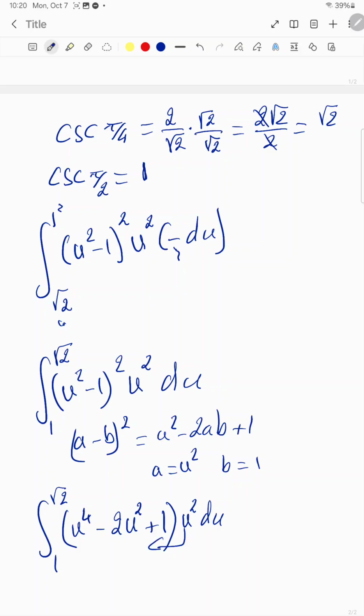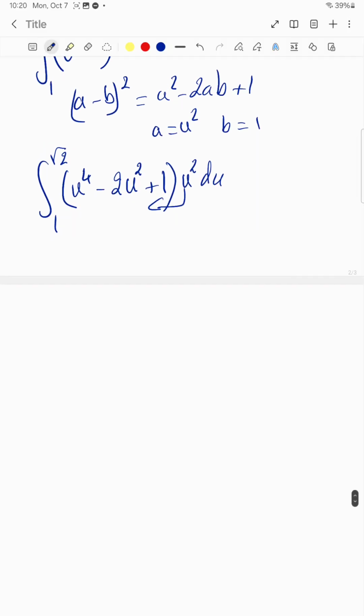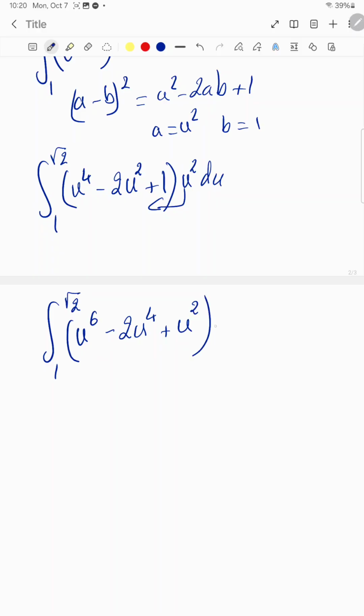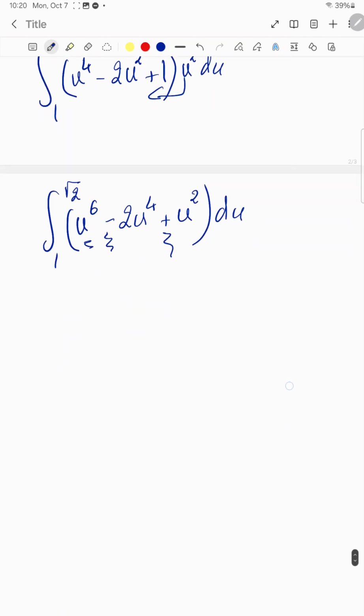Now I will distribute my u square inside my parentheses, so my integral becomes from 1 to square root of 2 of u to the power of 6 minus 2u to the power of 4 plus u to the power of 2, and all that is du. Because of the minus here and the plus here, I can split it into 3 integrals.